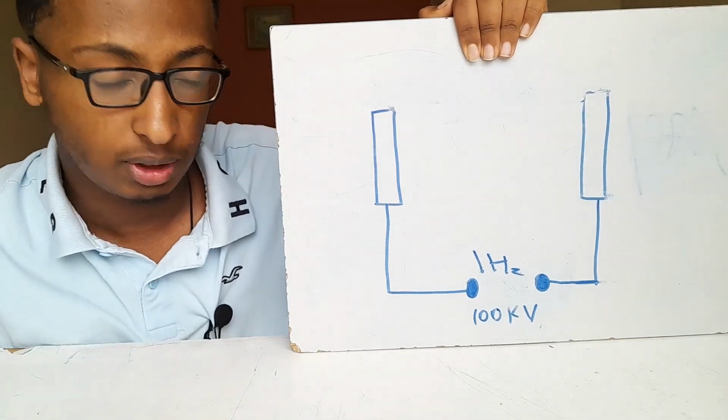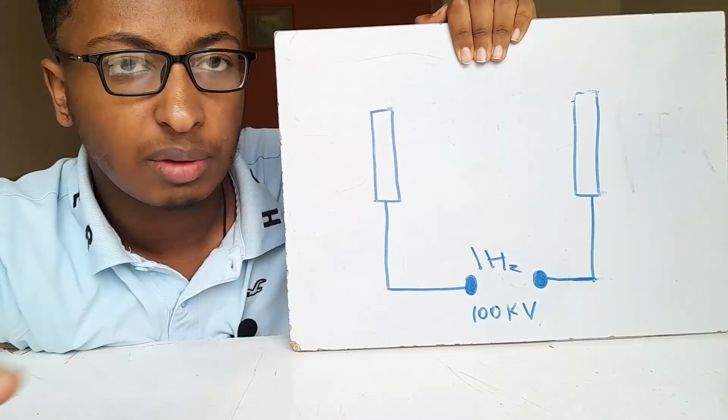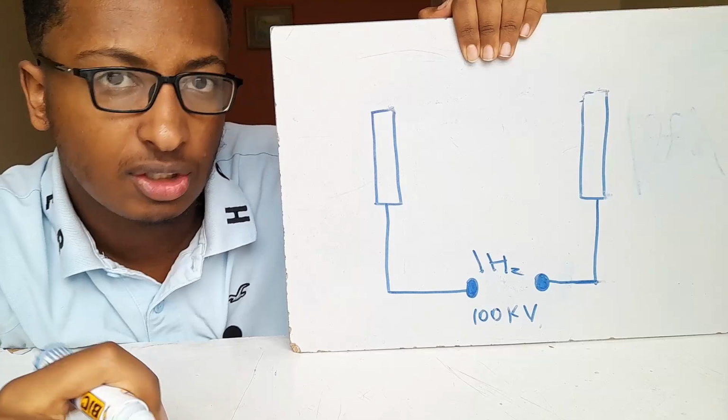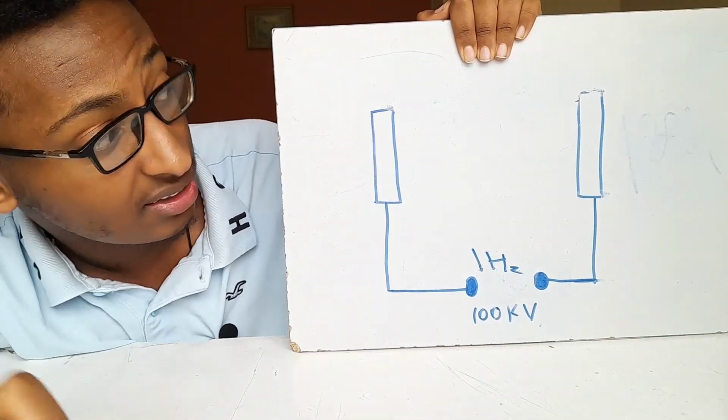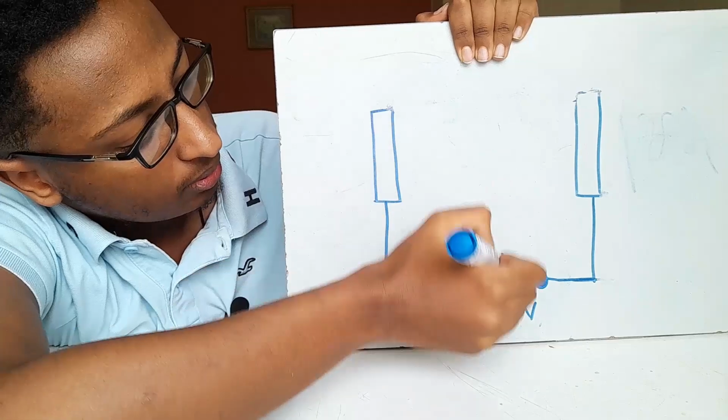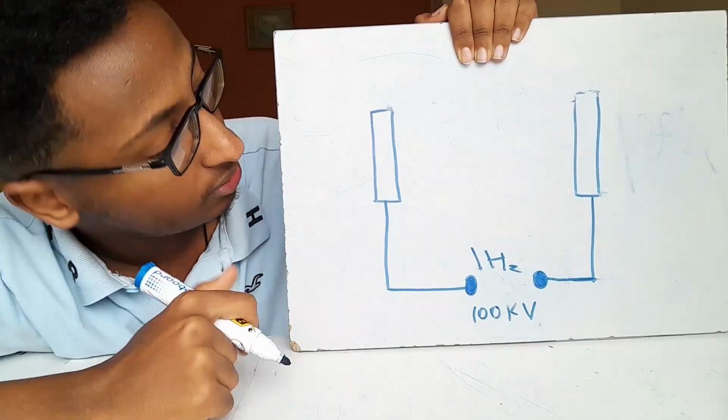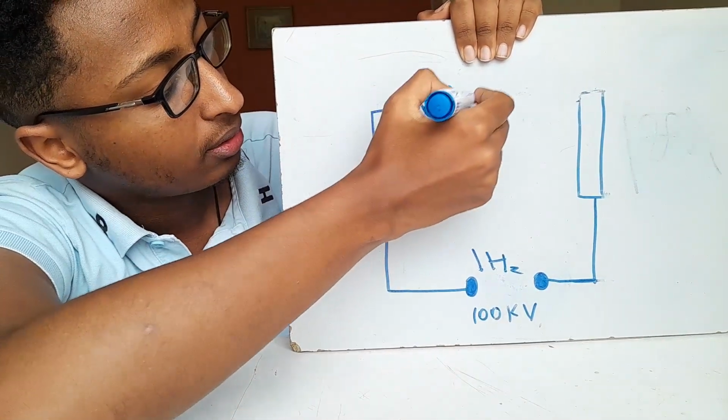We generated a spark. It doesn't matter whether it's AC or DC. Now let's just forget about AC and DC. When 1 hertz happens, we see a spark just like this.